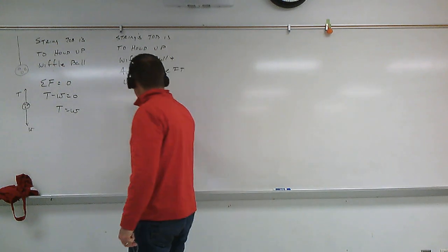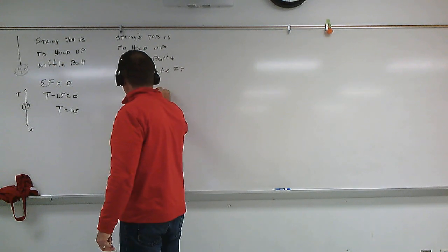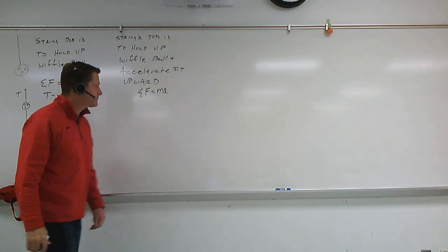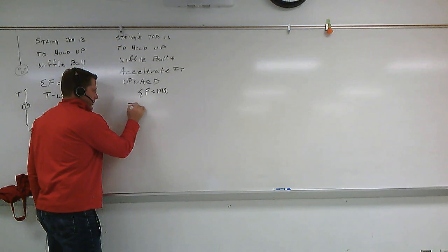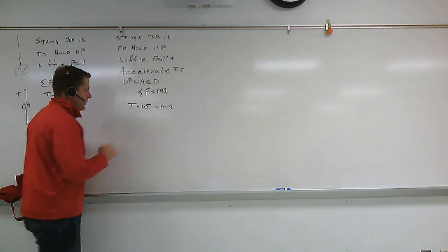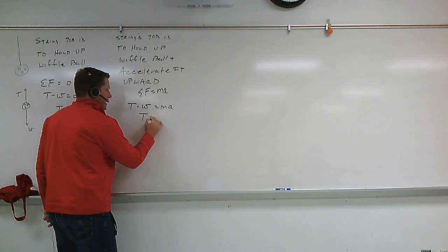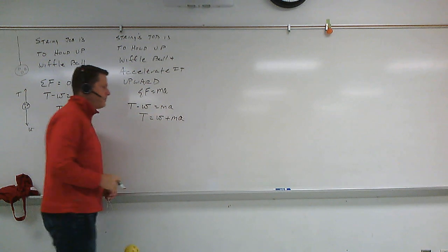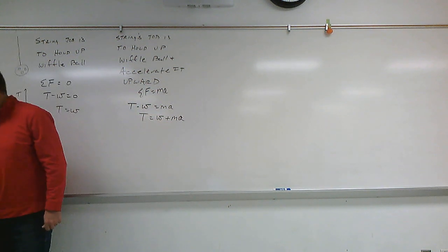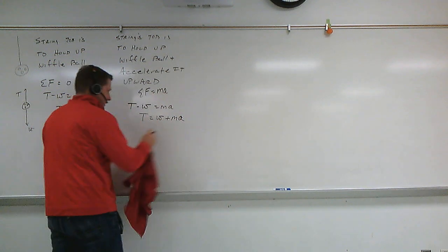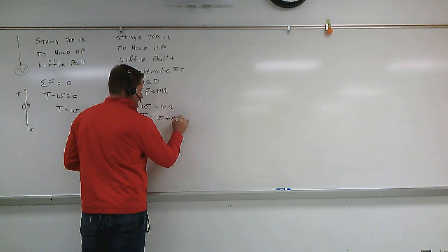So how does that look? The sum of the forces, since there's an acceleration, has to equal m times a. The sum of my forces is T minus W equals m times a. Therefore, T equals W plus m times a. We've been through this process already.